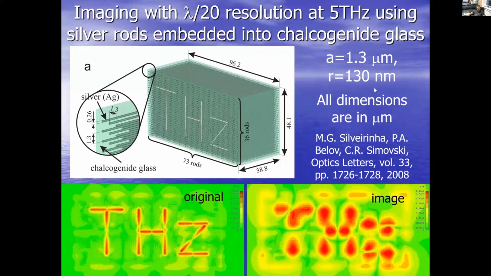Our simulation was showing that we can have very nice images in the terahertz range. Much later on, in 2012, 2013, our colleagues from the University of Sydney created a bundle of terahertz waveguides and experimentally demonstrated that these terahertz lenses are operating.